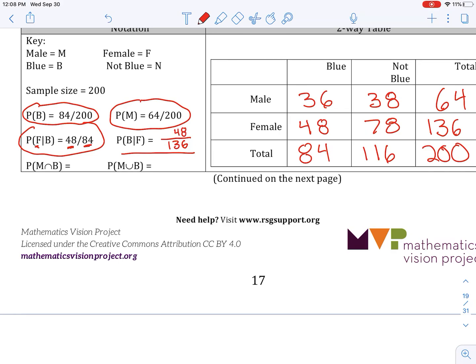It's 48. Okay, here we have probability of male and blue. How many males like blue? And remember, the and ones are out of the total. What's the total? 200.